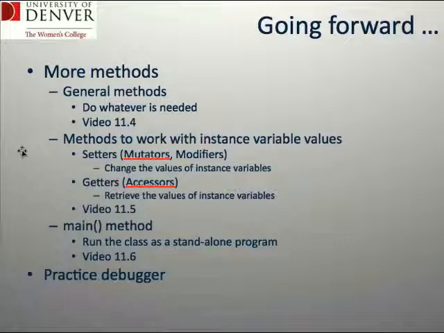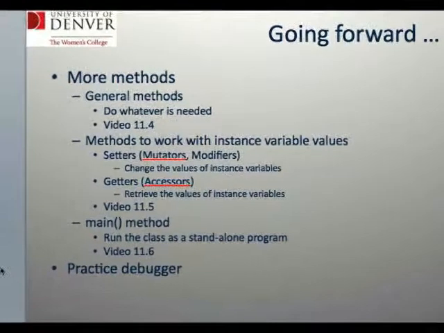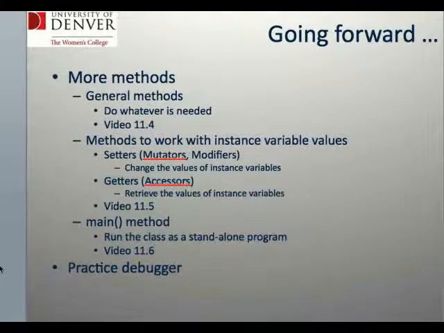But if you want to be able to run the class as a program, you can put in a main method, and a main method is the method that Java will look for as a starting point for a program, and start the program from there. So we'll have video 11.6, which talks about that in some detail. And as part of all of this, we will practice the debugger to demonstrate what's going on inside the code.